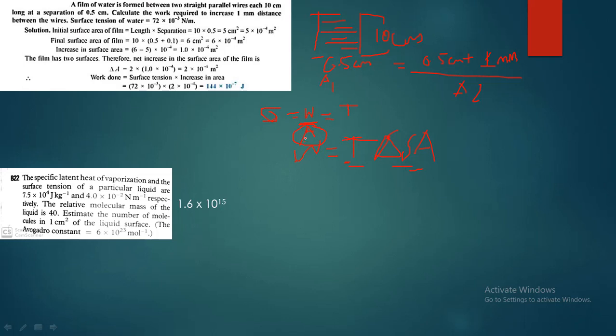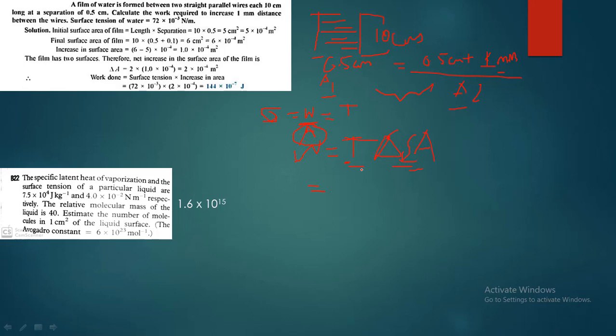Okay, the area formed. So kumbuka our reference ilikuwa when it was 0.5 na second case ni when it is 0.5 plus 1. It means tukitaka area formed ni tofauti ya area iliyokuwa hapa na kwenda hapa. This area ambayo imekuwa formed, change in surface area.